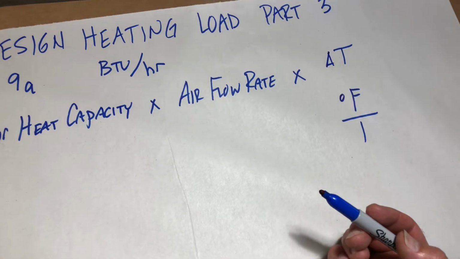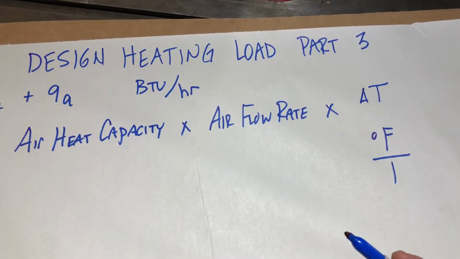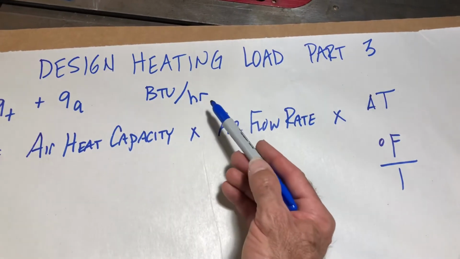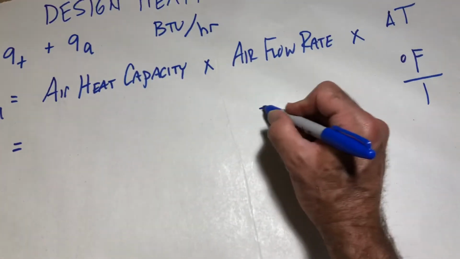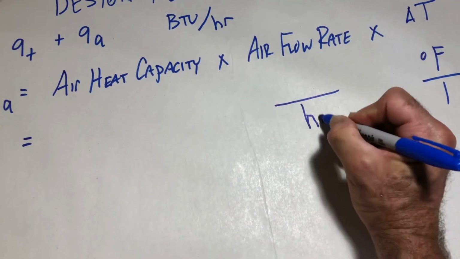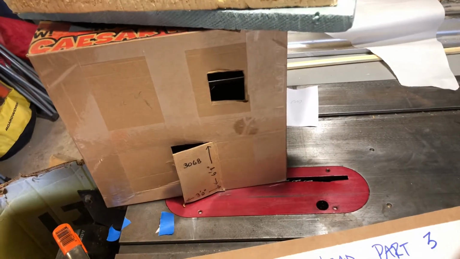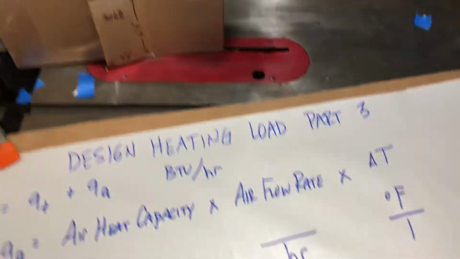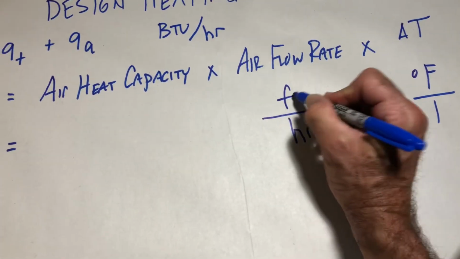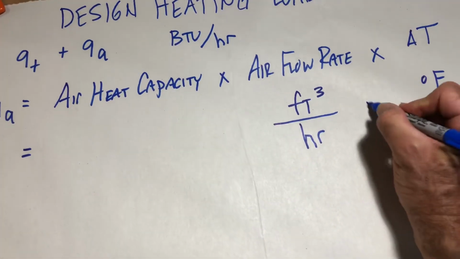What period of time are we looking at in this equation? We're looking at hours. So let's put hours, airflow rate, something per hour. How do we measure air volume? It's cubic feet. So cubic feet per hour.